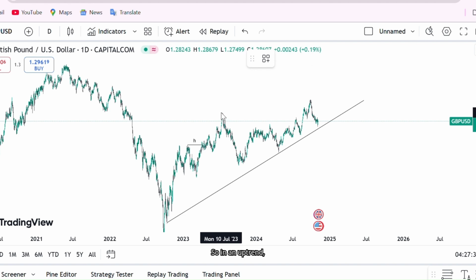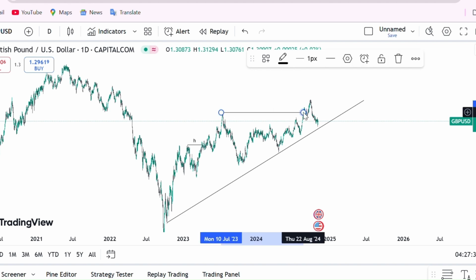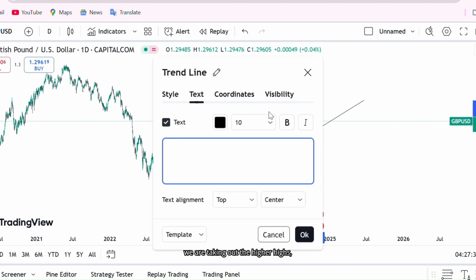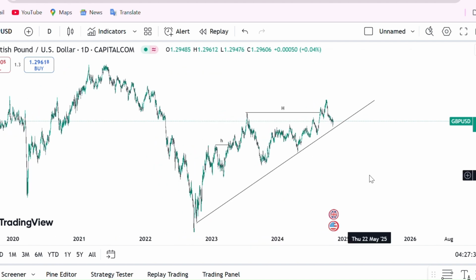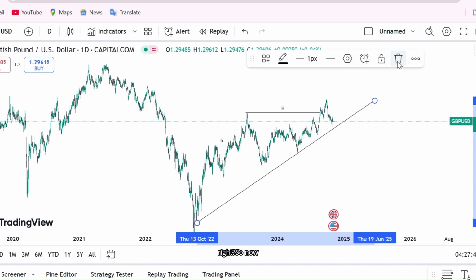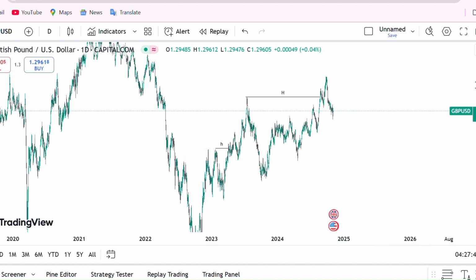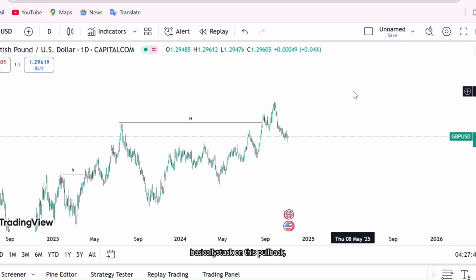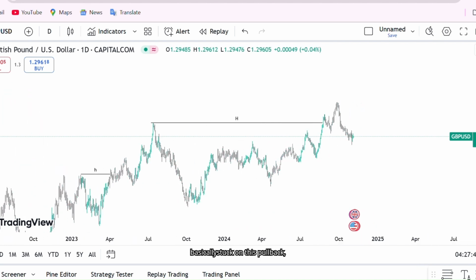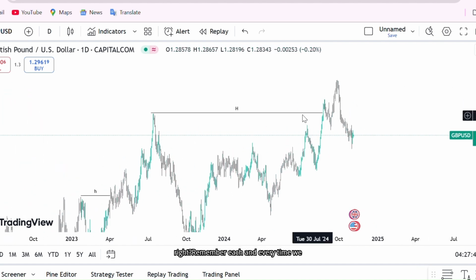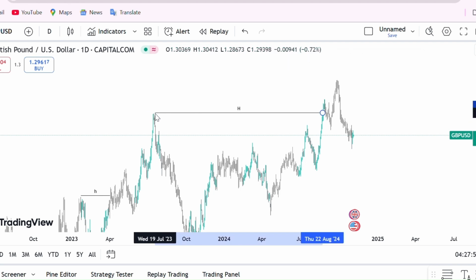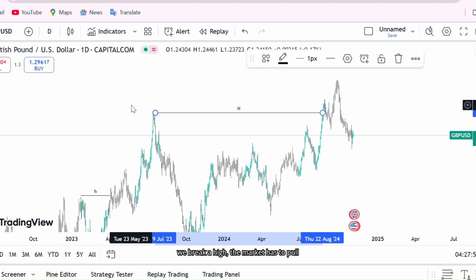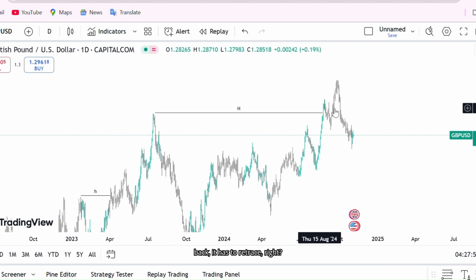So in an uptrend, we are taking out the higher highs, right? So now we are basically stuck on this pullback, right? Remember, each and every time we break a high, the market has to pull back, it has to retrace, right?